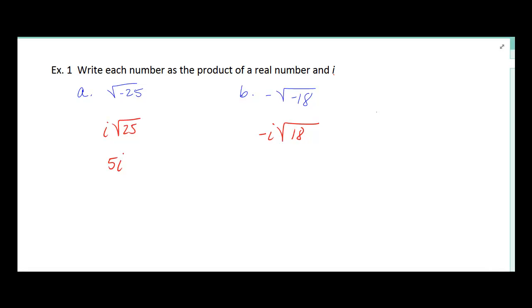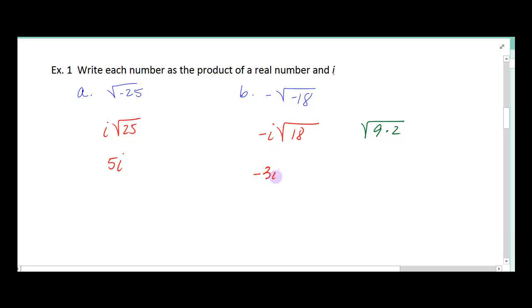Perfect square factors meaning 9 is a perfect square, and it is a factor of 18 because 9 times 2 equals 18. So I can take the square root of 9 and I would get 3. And then that just leaves me with the square root of 2. So my answer for this portion is -3i times the square root of 2.